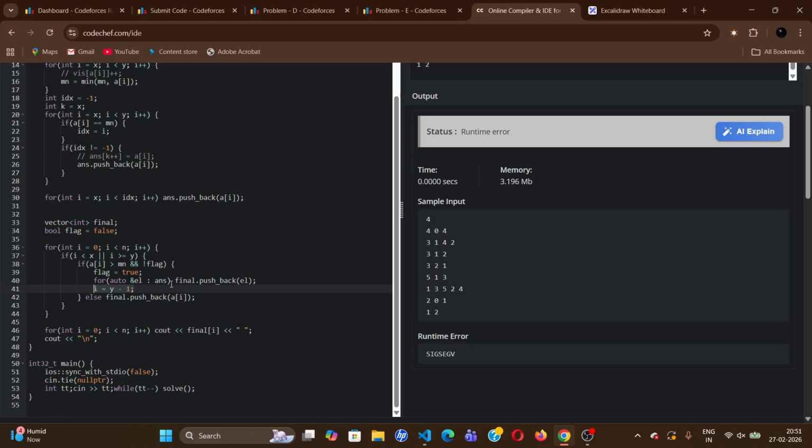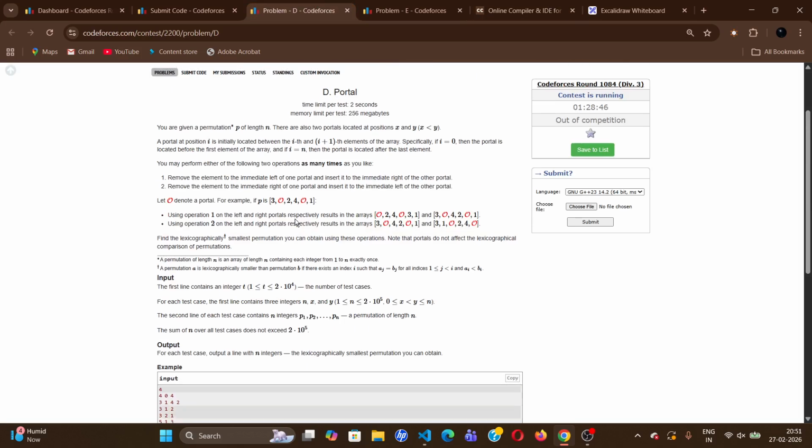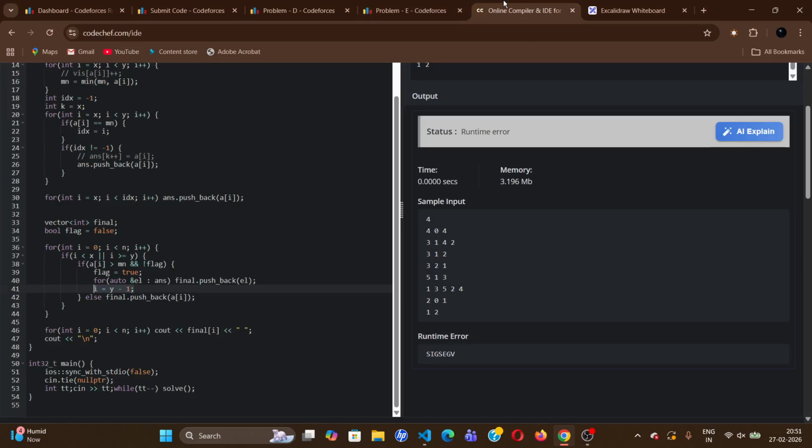Okay. If y equals to 0, no, x and y, so y cannot be 0. Y minus 1 is valid. Or will it be y?